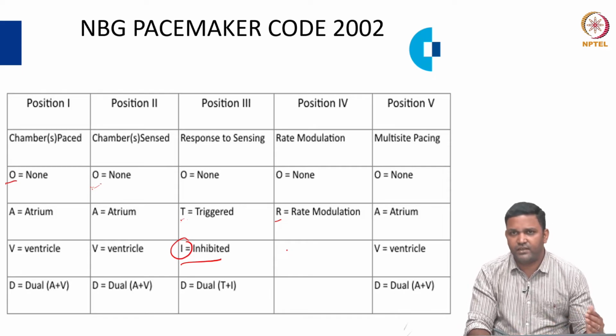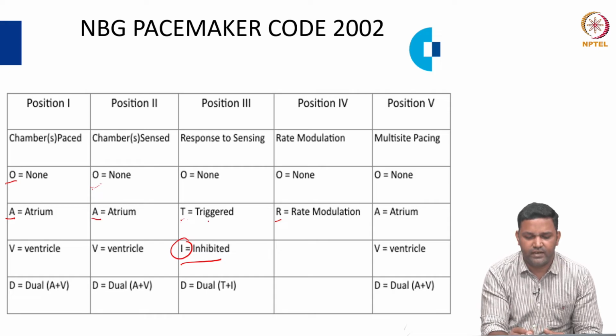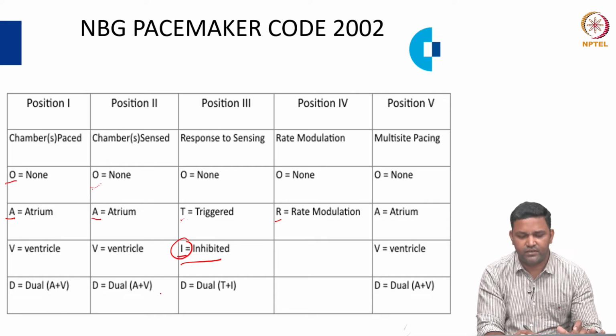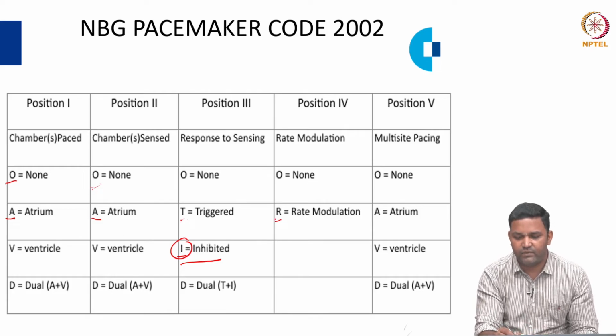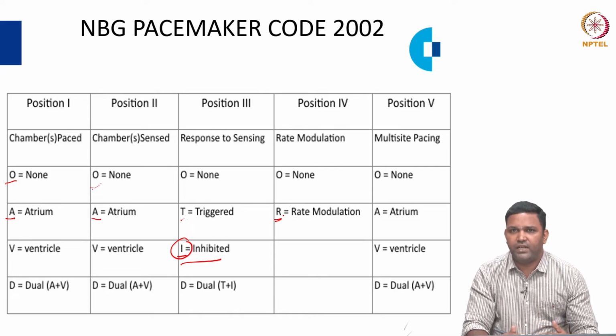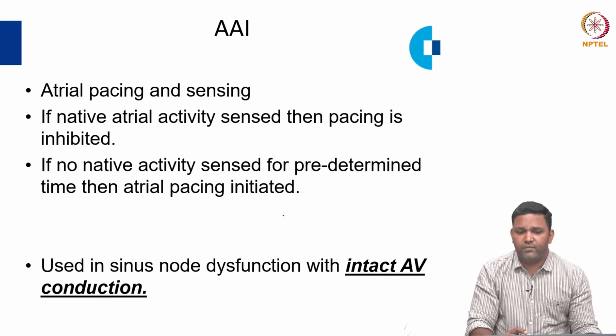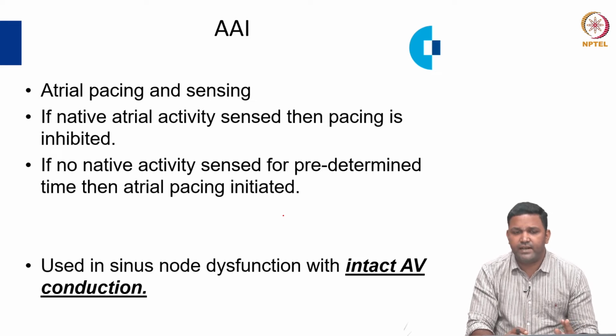If the patient has an AAI, it means he has a single chamber pacemaker, which is A and I inhibition. And if it's AAIR, it means it has a rate modulation, that is the patient can do an activity and increase the heart rate also. So AAI means atrial pacing and atrial sensing.